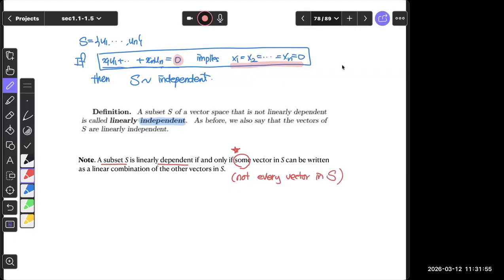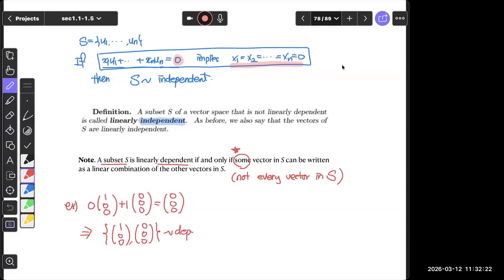For example, if I consider the vectors 1, 0, 0 and 0, 0, 0, then 0 times 1, 0, 0 plus 1 times the 0, 0, 0 will produce the 0 vector. So that means the set of 1, 0, 0 and 0, 0, 0 will be linearly dependent.